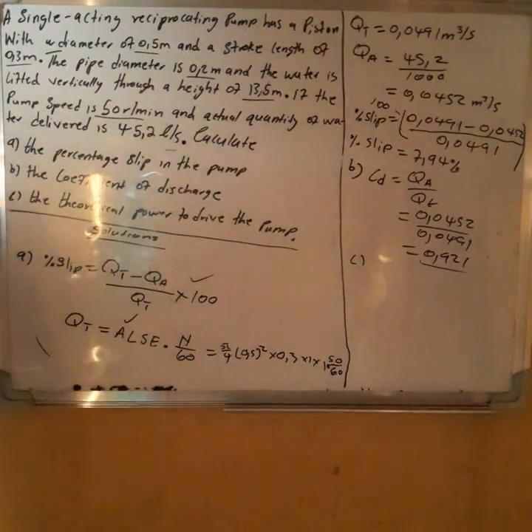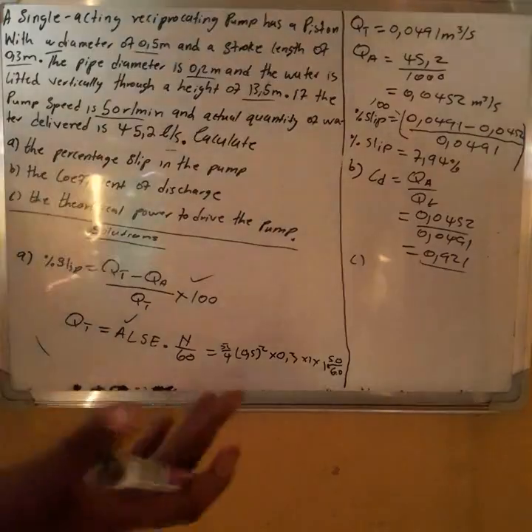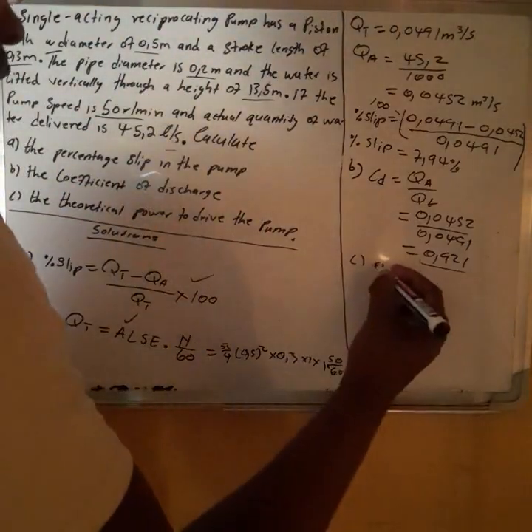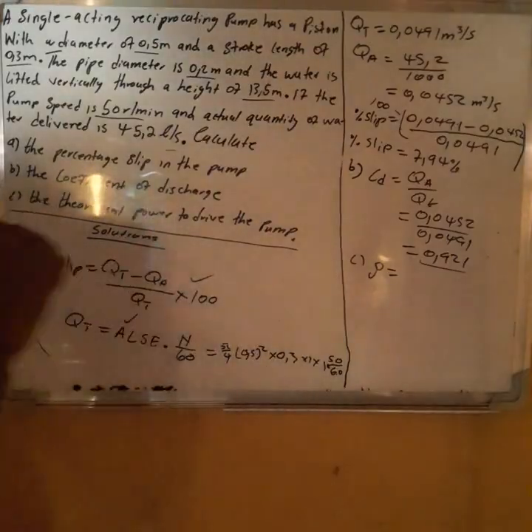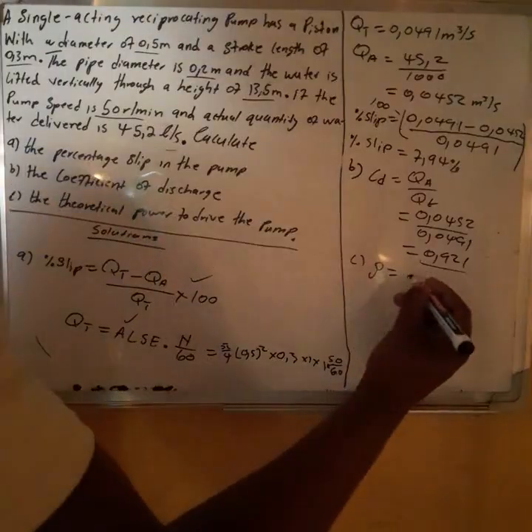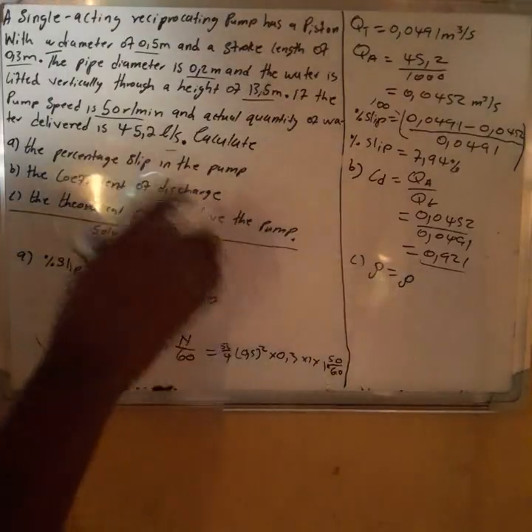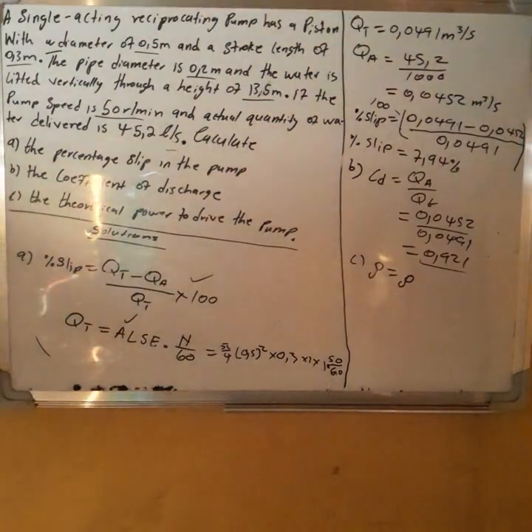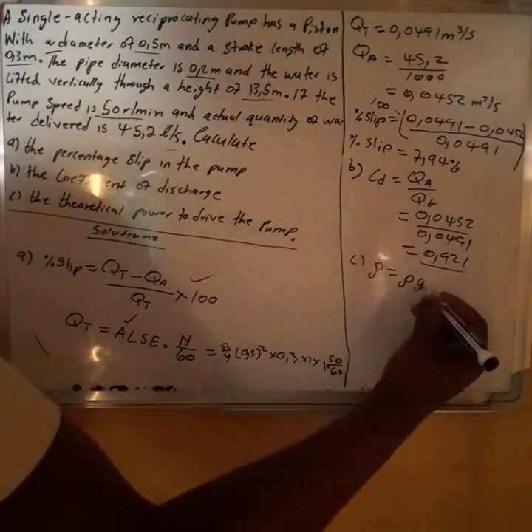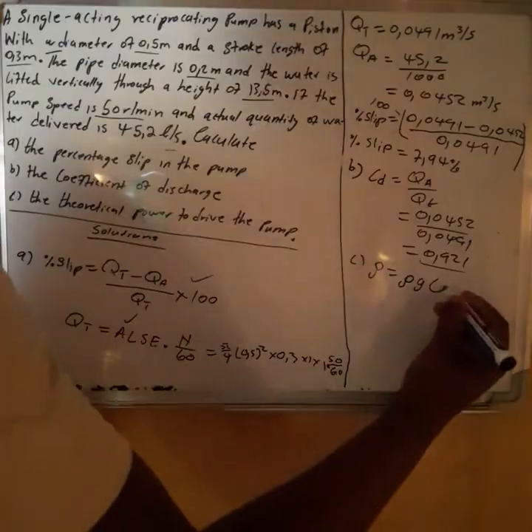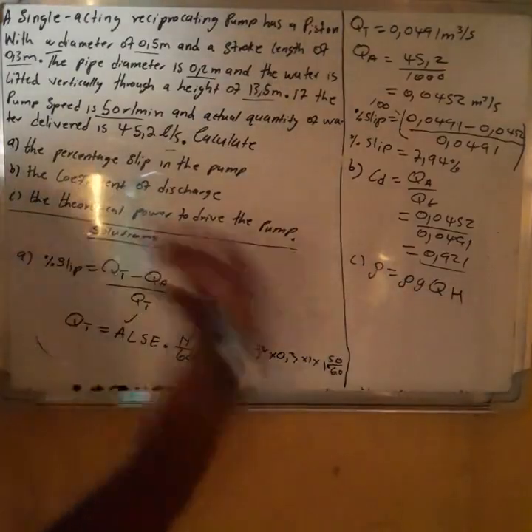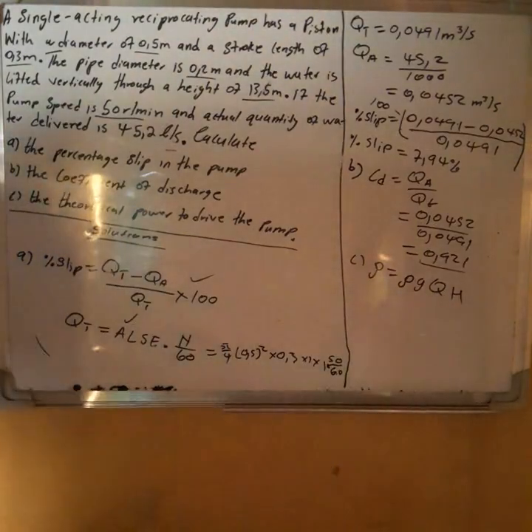What about C? C says we should calculate the theoretical power. Remember, power in fluid mechanics most of the time is calculated by rho g, the flow rate Q, multiplied by the depth or delivery height H. This is the formula to calculate the power.